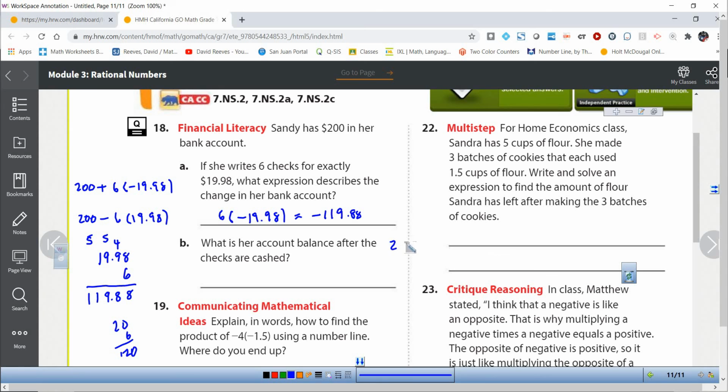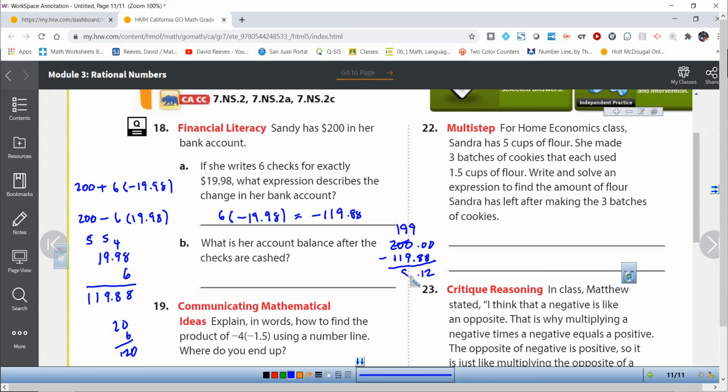Well, now we actually have to do 200 minus that 119.88. All right, and if we do that, what's going to happen here? We're going to have to borrow, aren't we? So if you take away 88 cents from $1, that's going to give you 12 cents, right? And this is actually then going to be 199, right?